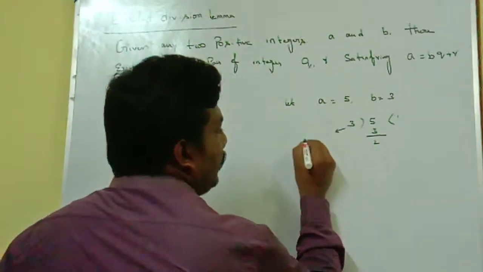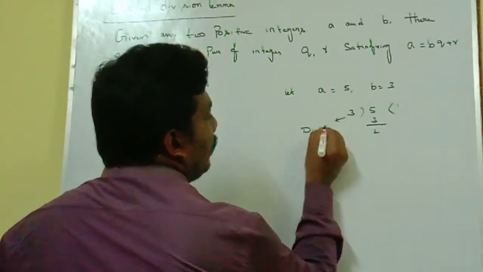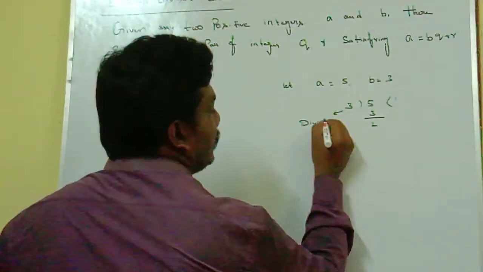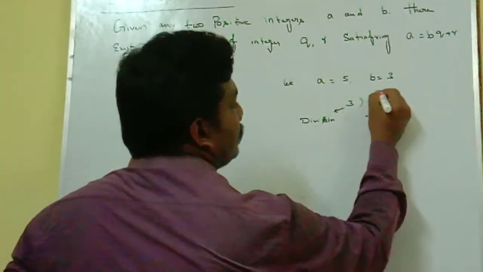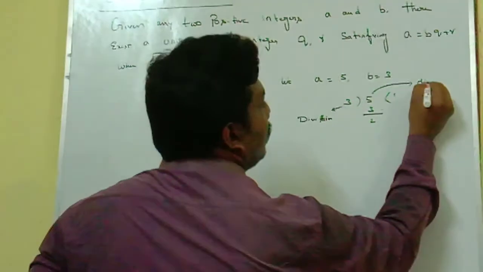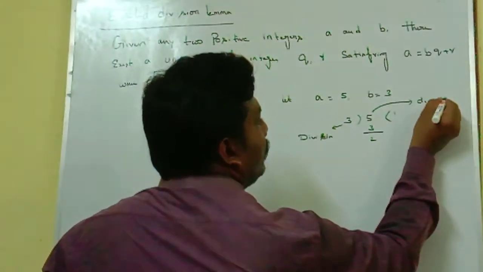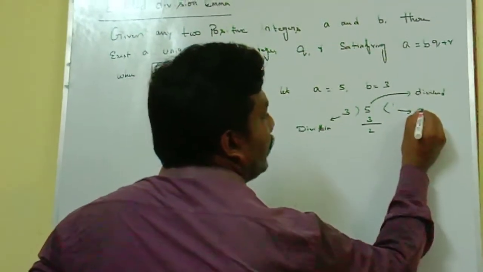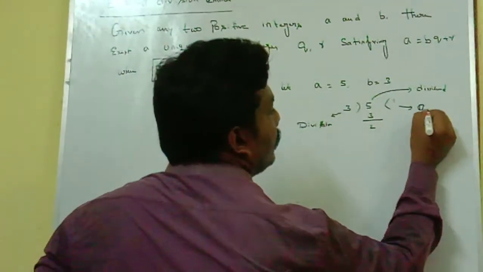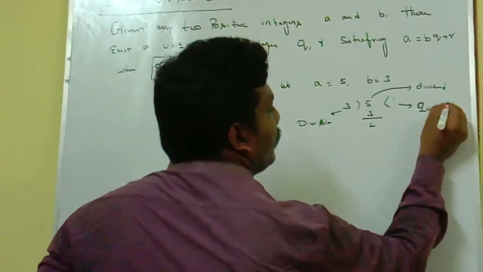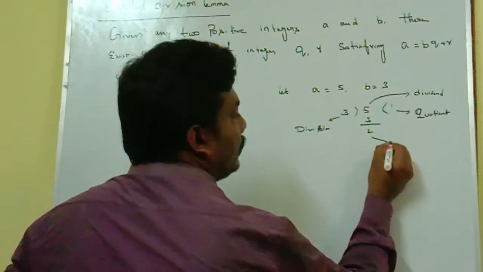This is called the dividend, this is the divisor, this is the quotient, and this is the remainder.